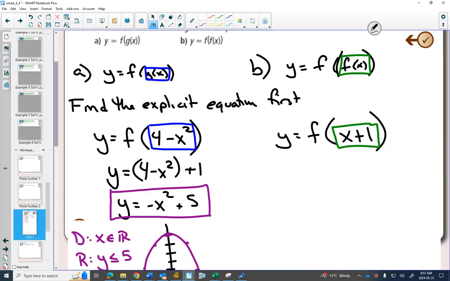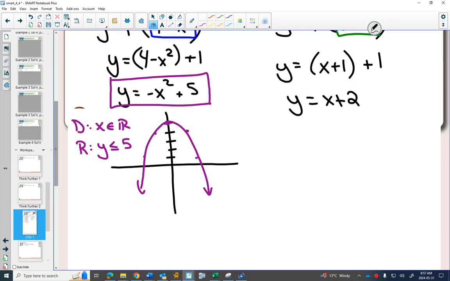So when you have f of x, that's just the formula. You're putting in an x again, and so you're going to get an x plus 1. And now you're plugging in an x plus 1. So the f function says whatever you put in, oh, I put in an x plus 1, just add 1 to it. And now I get x plus 2, which is just a straight line.